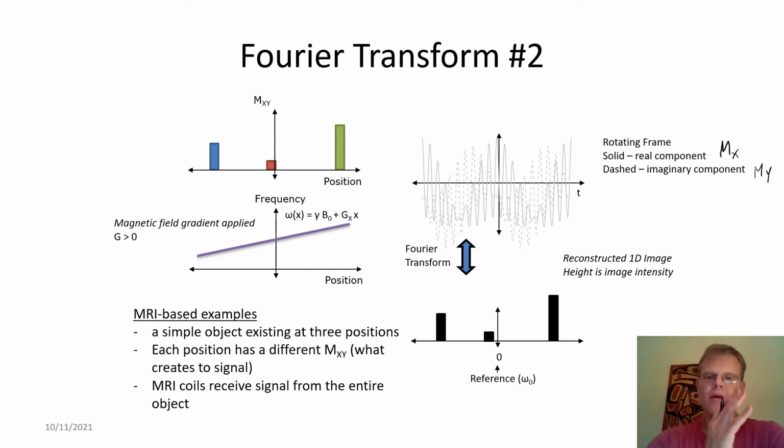And I think what I'll try to convince you of is that if I took the Fourier transform of this signal, what we would get back would be three different locations where we actually have some signal, or in the case of an image, we'd have some actual image intensity beyond black.